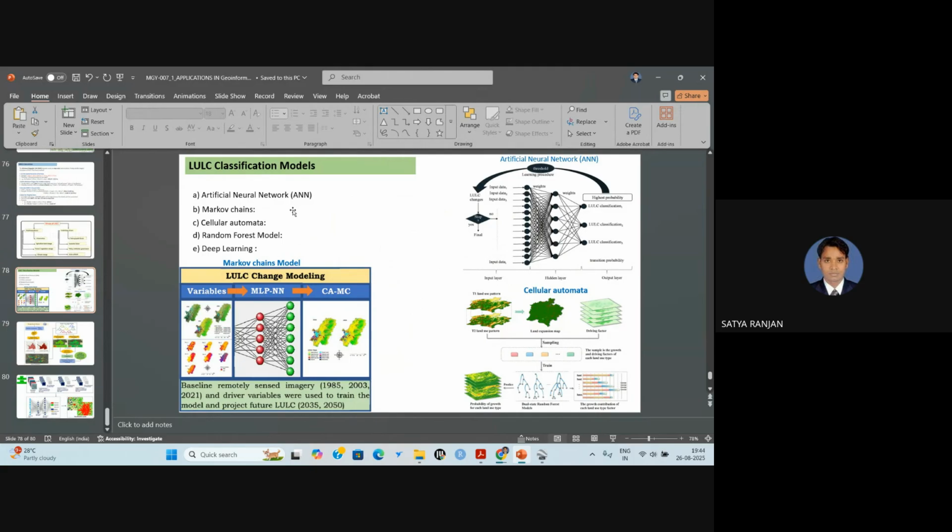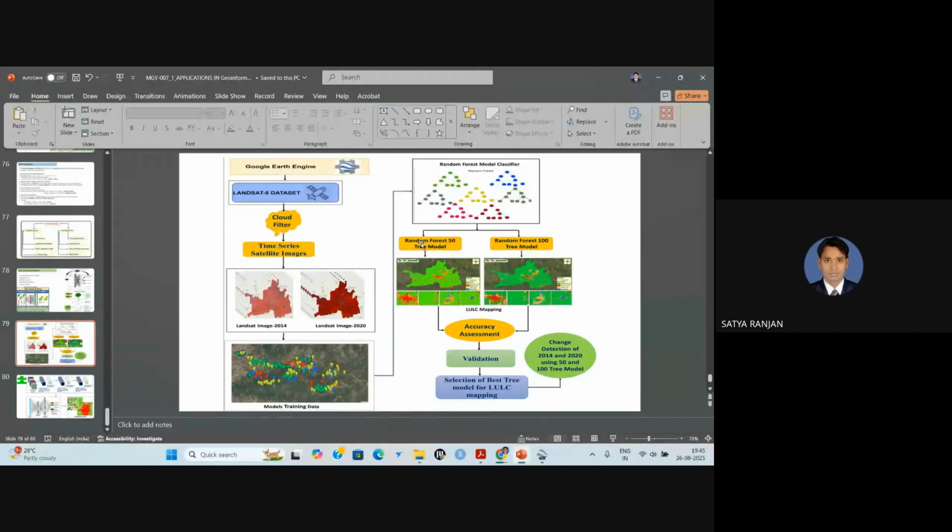Nowadays, artificial neural network, Markov chain, and cellular automata models are used for classification of land use land cover. Then the random forest model is also very useful. We have also seen random forest in R programming. Then deep learning models are also used for different classifications.